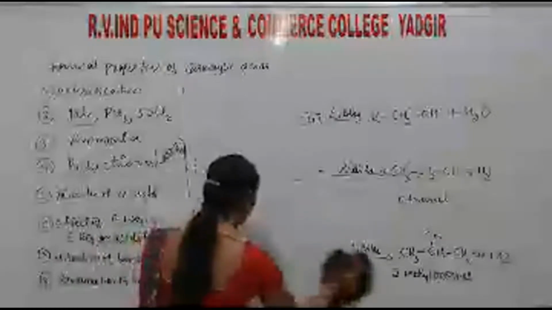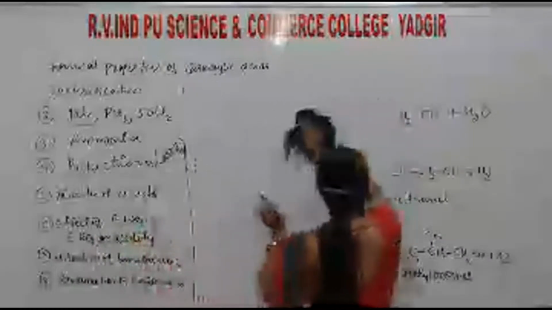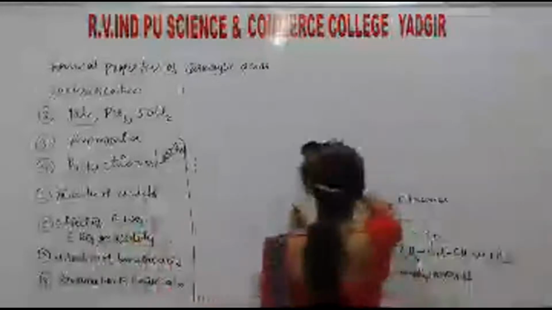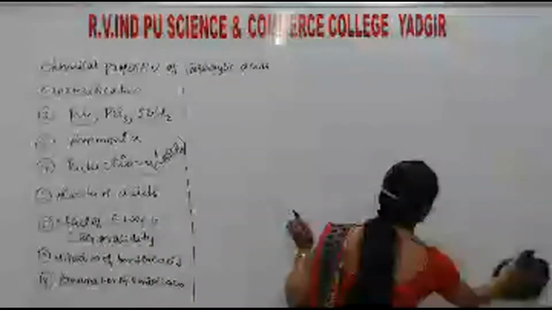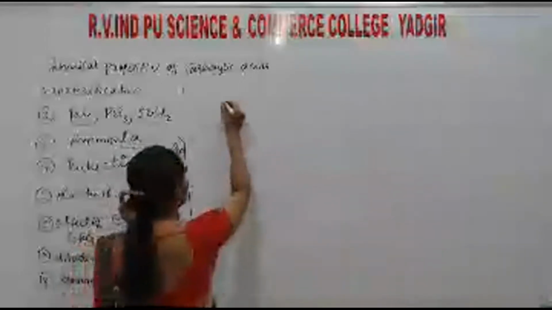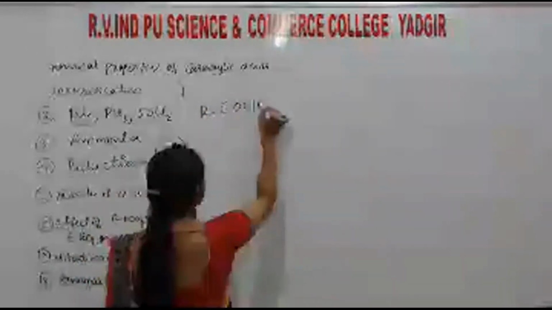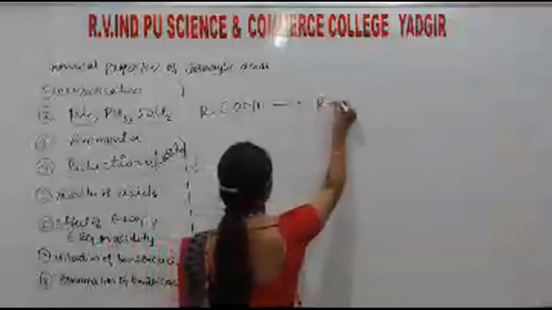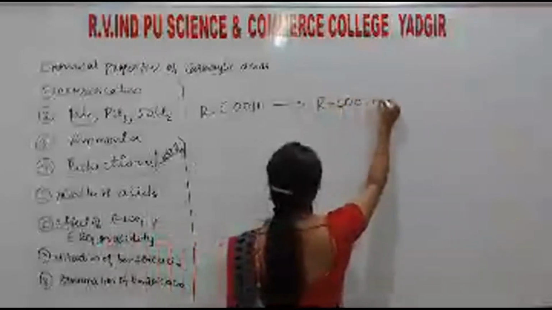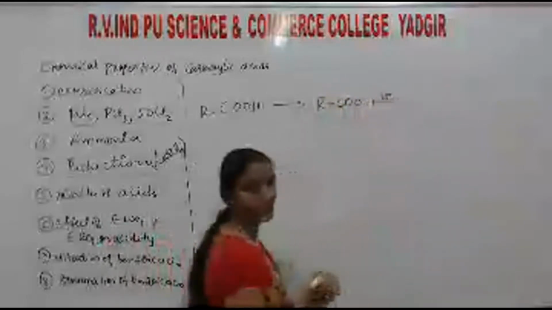So the next is very important, acidity of acids. So students, acidity of acids means RCOOH is there. If it dissociates, what will it form? RCOO minus and H plus.